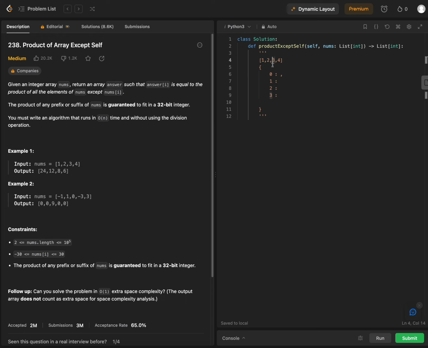So for example, if we traverse through this entire array, we will need to multiply 1. Okay, I think I got the idea. So we initialize the array values with 1, we initialize the hash map, right?